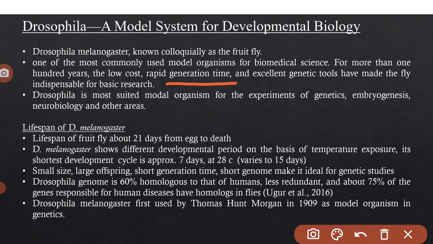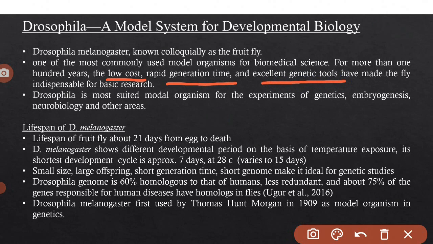That's why Drosophila is used so often as a model organism worldwide. So first, low cost, that means maintenance is very easy; generation time is short; and excellent genetic tools are already available for study purposes. All these things make Drosophila a very common model organism.